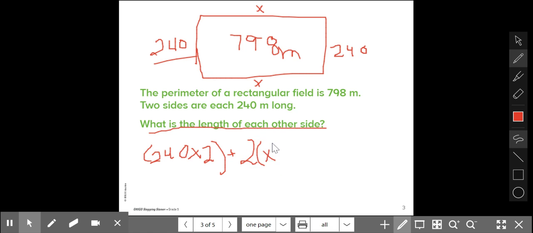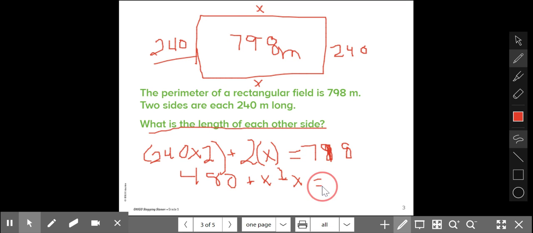We'll do parentheses here so we remember we're keeping those separate. 2 times x, we're going to come up with 798 meters. 240 times 2 is 480. Plus this x plus this other x. So we've got two of those x's. I just wrote it differently. I apologize. Equals 798.